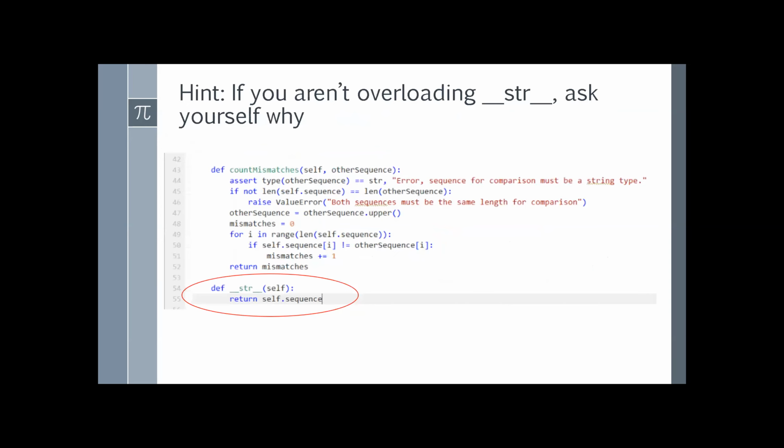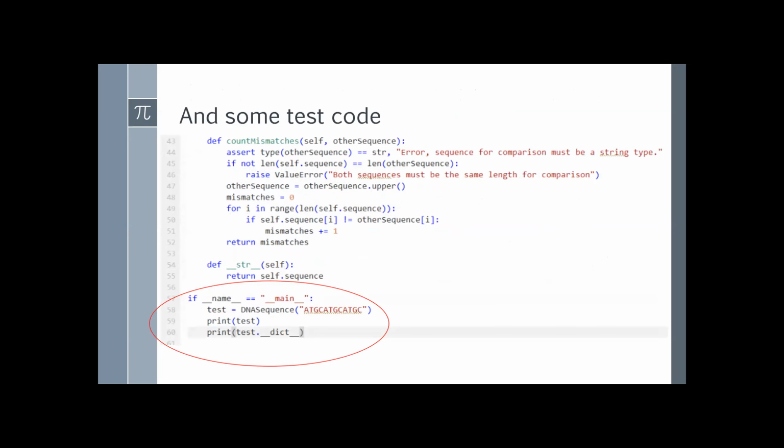So for example, here, if I called DNA sequence.sequence, it would return to me this ATGC, ATGC, ATGC, all uppercase. But as you can imagine, strings have the method upper to make them all uppercase.